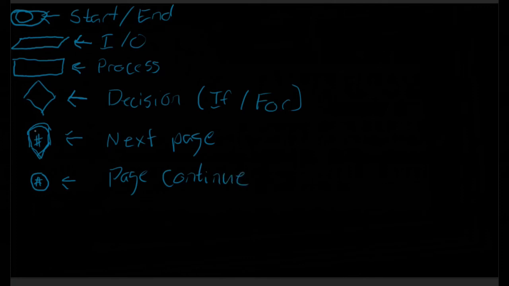So you have this guy saying, oh, you need to go to number 5, and then this would have number 5, and that means at the very top it would have a number 5. So we'd have our stuff here, and then we'd have our little thing here, like this, saying 5. Then at the beginning, instead of having another start, we would just put a circle with 5 and continue our code there. And that just helps you get from page to page.